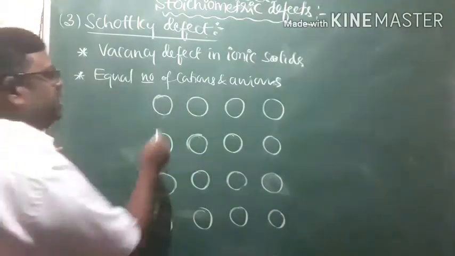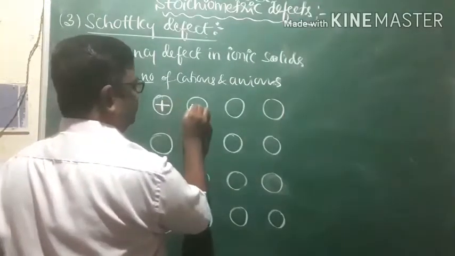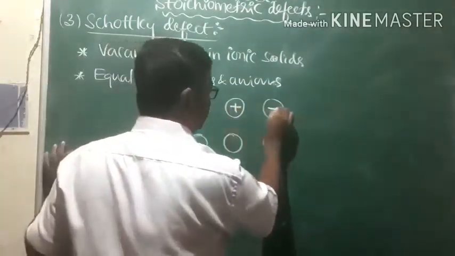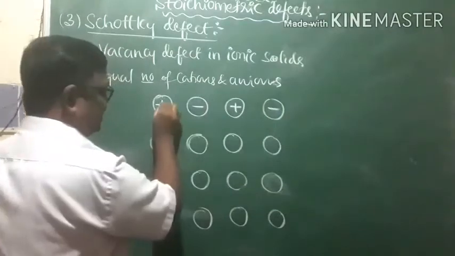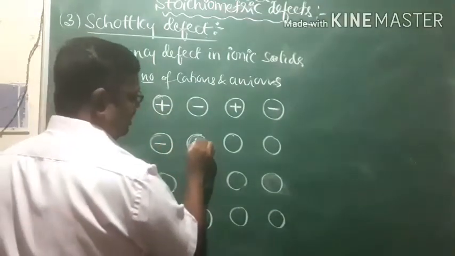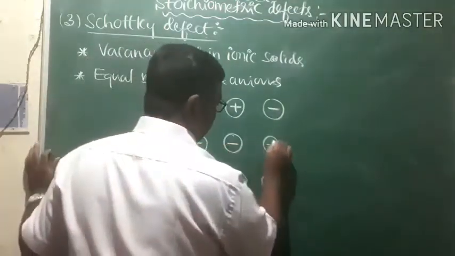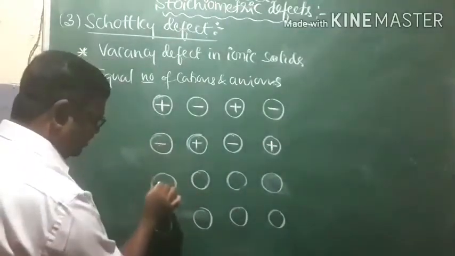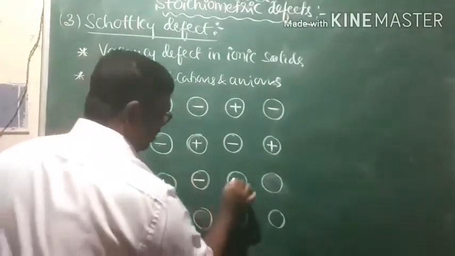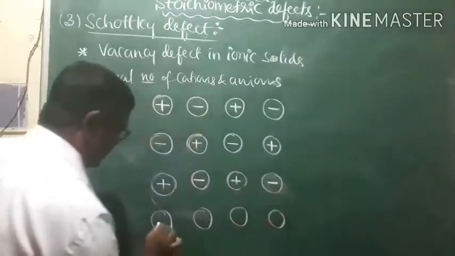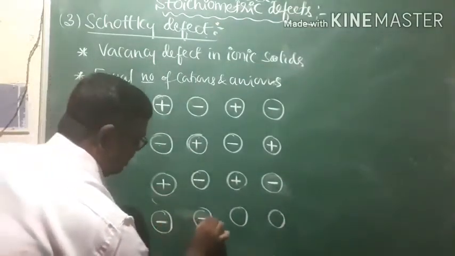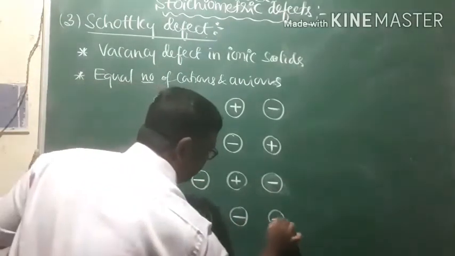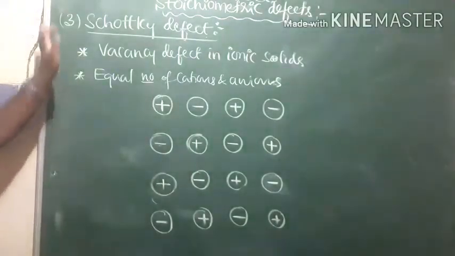For example, if it is cation, next it will be anion. So it is cation, anion, cation, anion, then cation, anion, cation, anion, and cation. This is one particular arrangement.